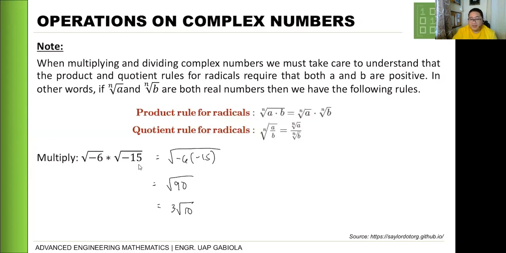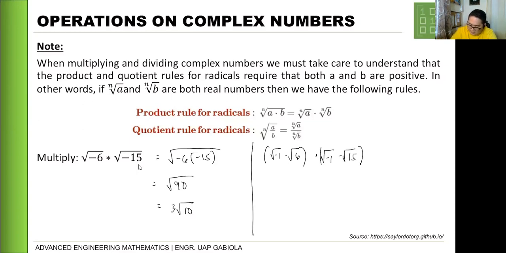Dapat pag nakakita kayo ng nagmo-multiply kayo, nagdi-divide kayo ng both negative na number, ang mas magandang gawin is to change muna yung individual number natin into an imaginary number before combining them or applying yung radical rule natin.